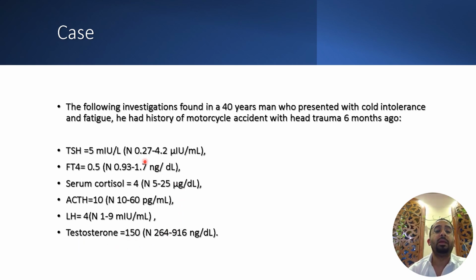But what is the cause or underlying cause of these deficiencies, hypoadrenalism and hypothyroidism and hypogonadism? We know that the types of pituitary deficiencies could be either primary pituitary disease when the target hormone is affected, and secondary when it is the result of hypopituitarism.